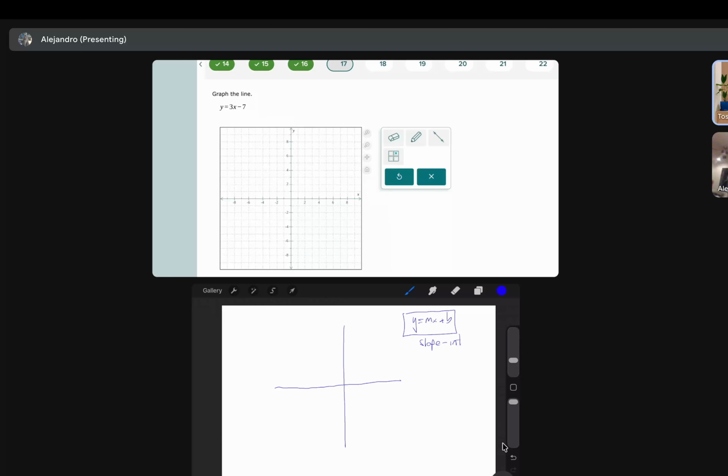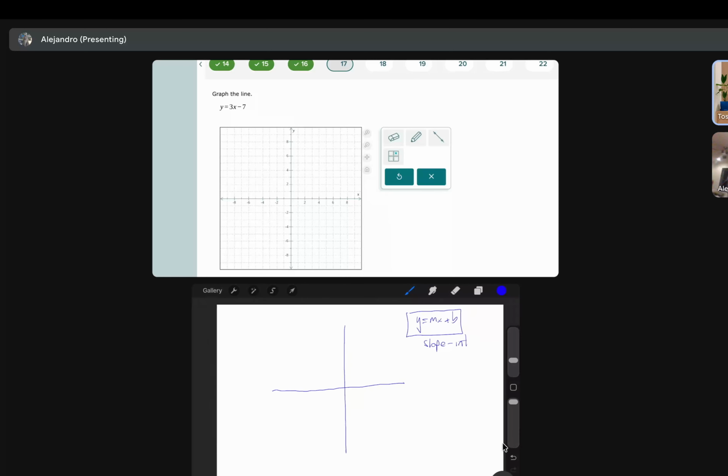If you recognize it to be that, you can immediately just quick sketch it. How? You go down 7, negative 7, that's your y-intercept. Your b is your y-intercept. Do you remember that? Your m is your slope, your rise and run. So if you wonder where the compound word slope-intercept comes from.